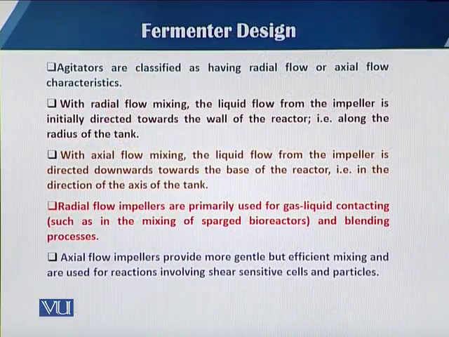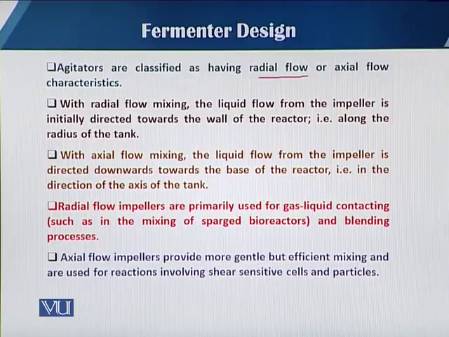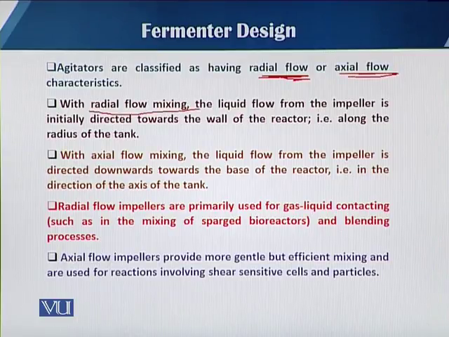Agitators, on the basis of their impellers and how they work, are classified into two main categories: the radial flow category and the axial flow category. As far as radial flow mixing is concerned, the liquid flow from the impeller is initially directed toward the wall of the reactor.